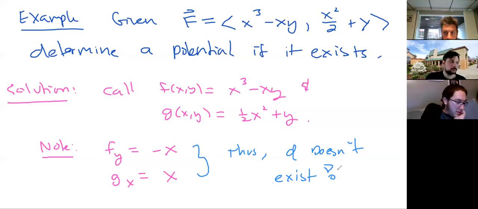Does that make sense? You could spend the rest of your life looking for a function whose gradient is this vector field, and you're never going to find it. So if we had started trying to look for that thing, that would have been a bad idea because, frankly, it's not there.